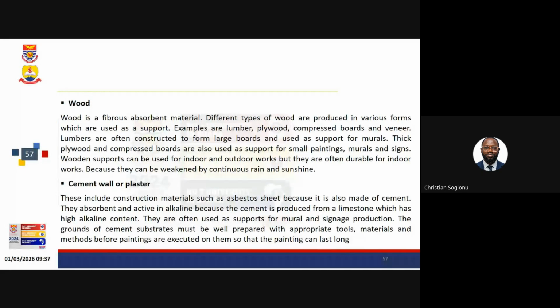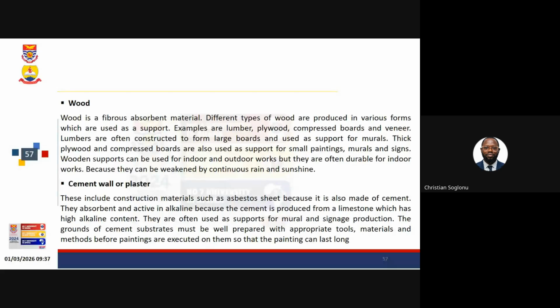So it will be appropriate when you use the wooden support indoors. It can be your assembly hall, your offices, or your room. You can do works that are stored in galleries. It is accepted when you are using wood.